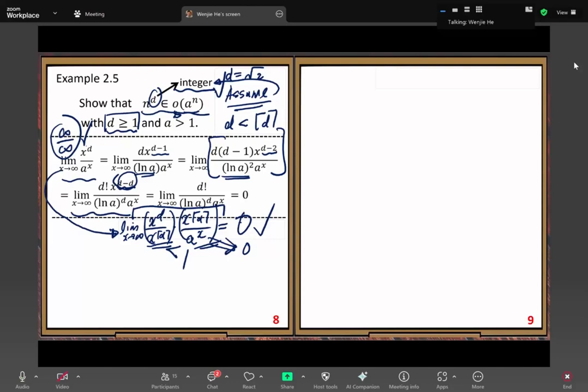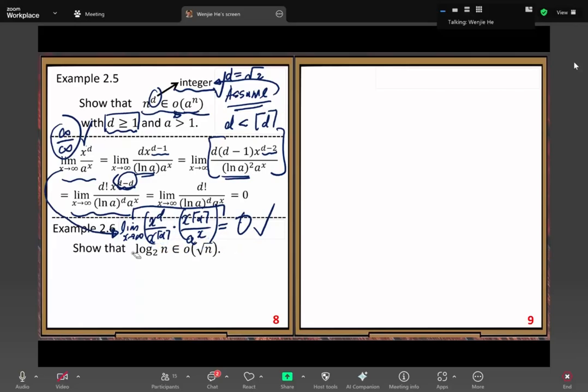After I finish these 2 examples, let me make some comments related to homework assignment number 1. All right, so let's go to 2.6.